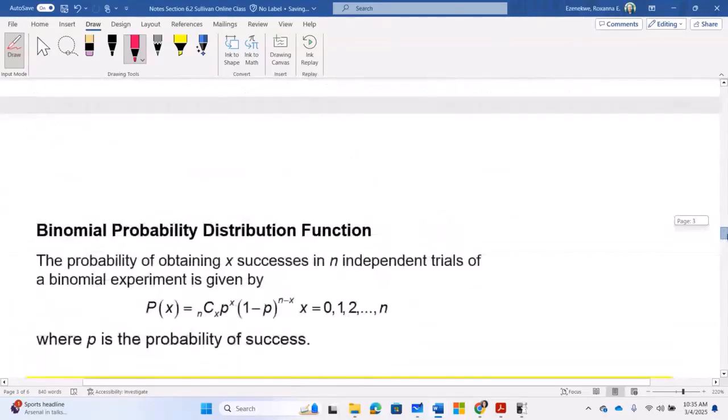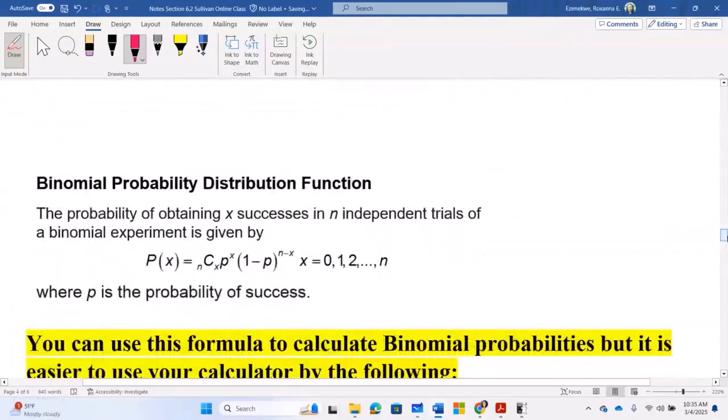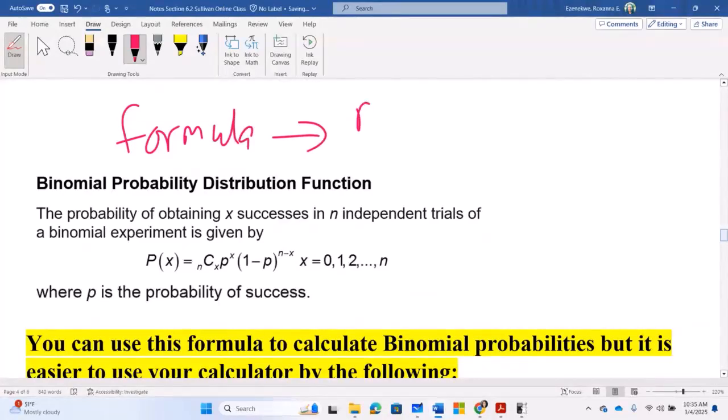But by the way, before we continue, we want to say that there is a formula for binomial distribution. And the formula is n combination r. Remember, combination, order is not important. Success to power r and failure to power n minus r.